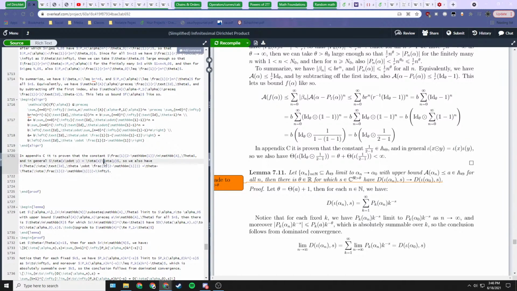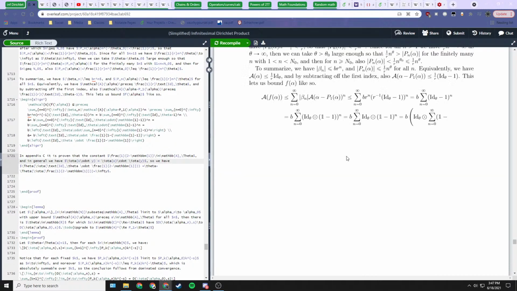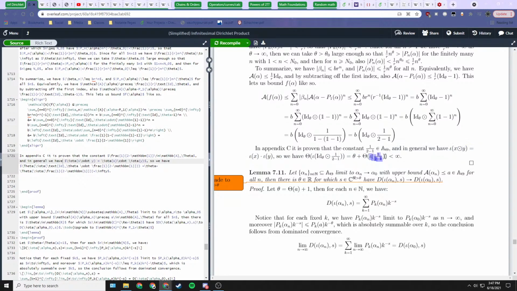We can also do a dot here if we want. So we also have that this theta of this iota of this is just theta plus this. And this is finite since we have this in A theta.